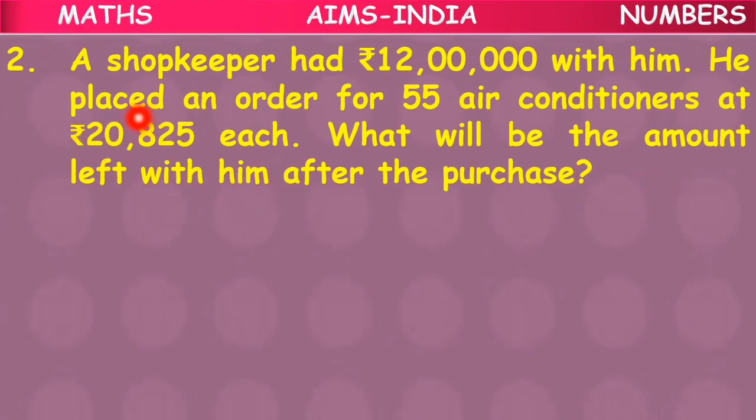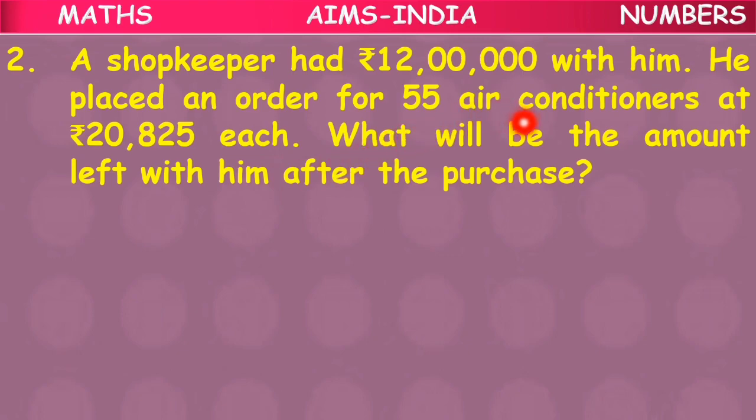The second question is, a shopkeeper had rupees 12 lakhs with him. He placed an order for 55 air conditioners at rupees 20,825 each. Now what will be the amount left with him after the purchase? Understood?